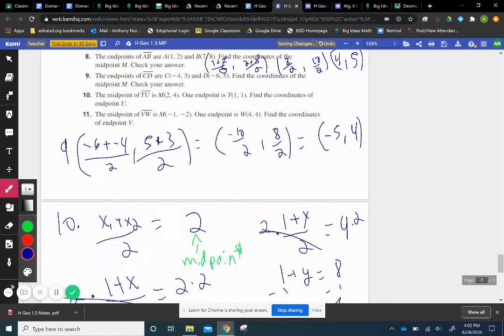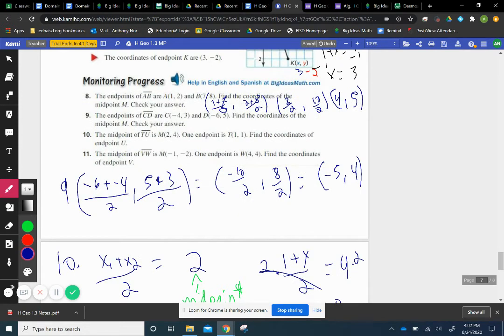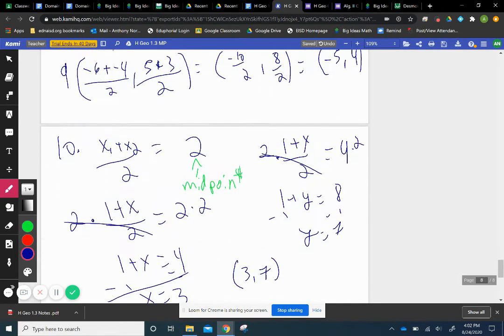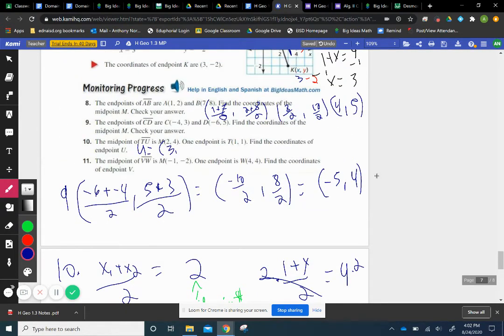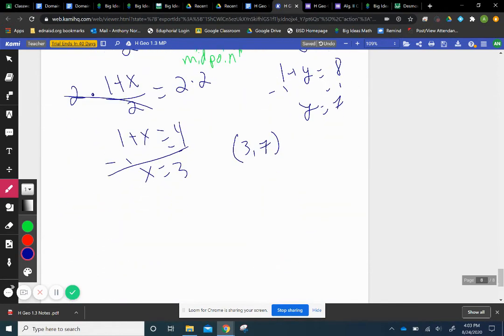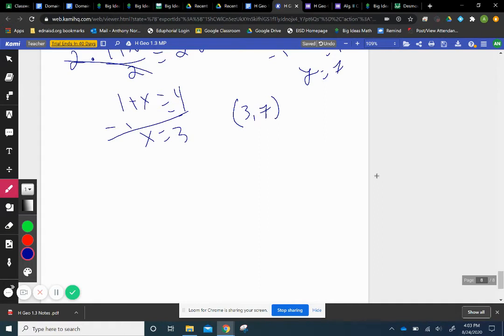And this is our endpoint U. So U equals 3, comma, 7. Now last but not least, number 11.